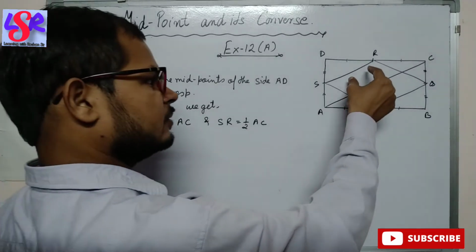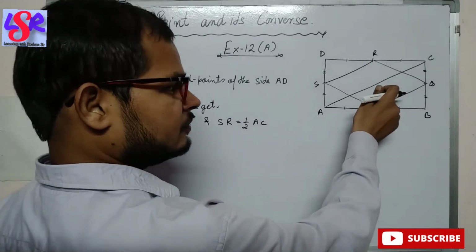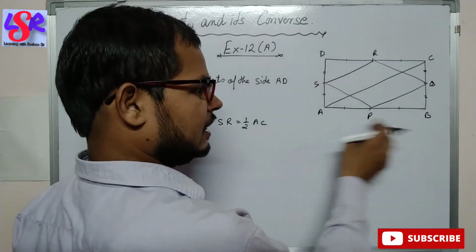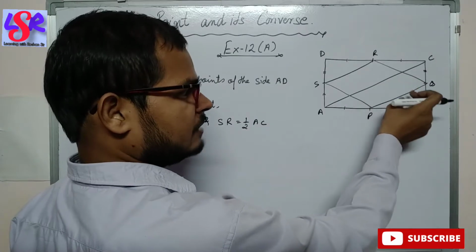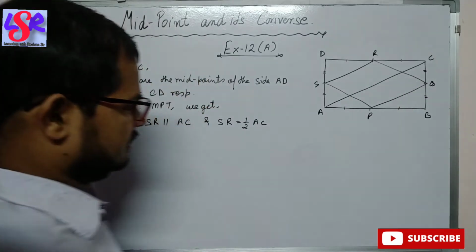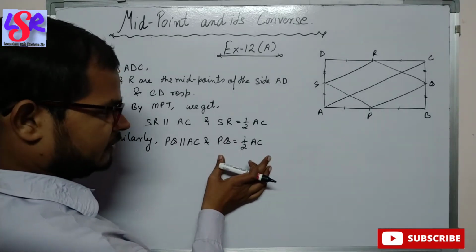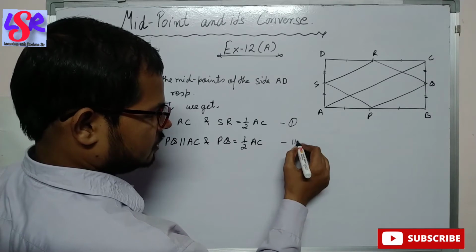So here this side is parallel to this one, as well as half of this side. Similarly, we can do it for triangle ABC, in which PQ is parallel to AC and PQ is half of AC. Let this relation be equation number 1 and this one be equation number 2.